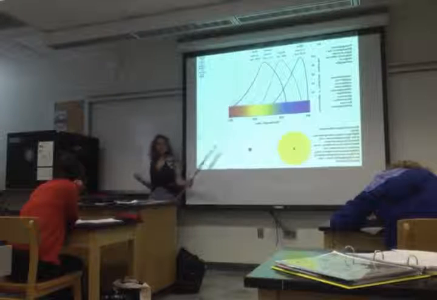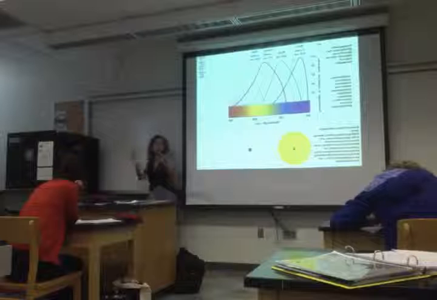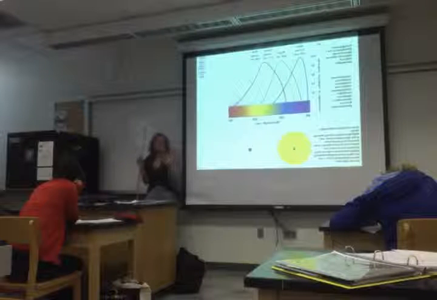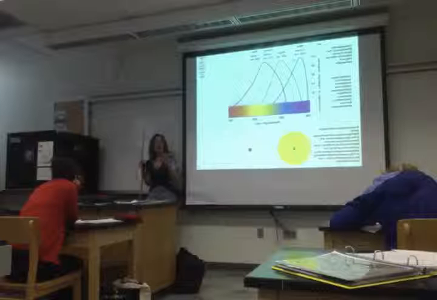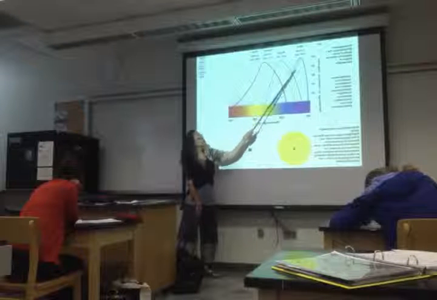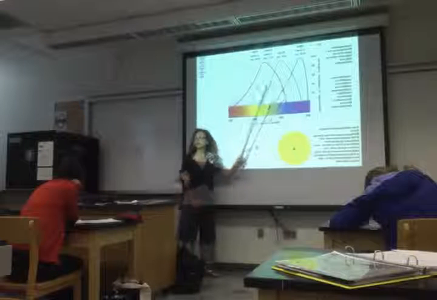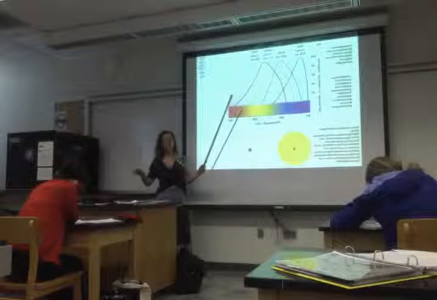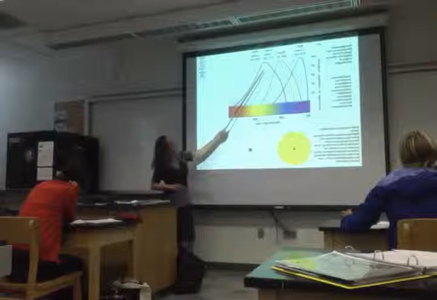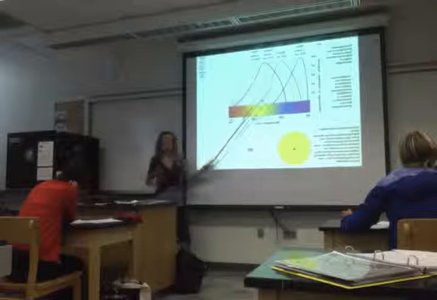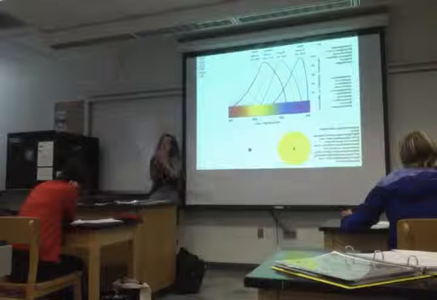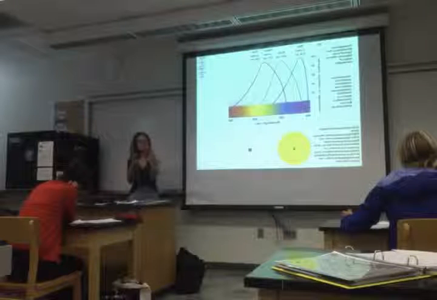Within the category of cones, some cones are more sensitive to, let's say, these blue wavelengths. Different cones, right next door, will be more sensitive to the green ones. And then another set more sensitive to the red ones. And they'll all be mixed in together, all next to each other.